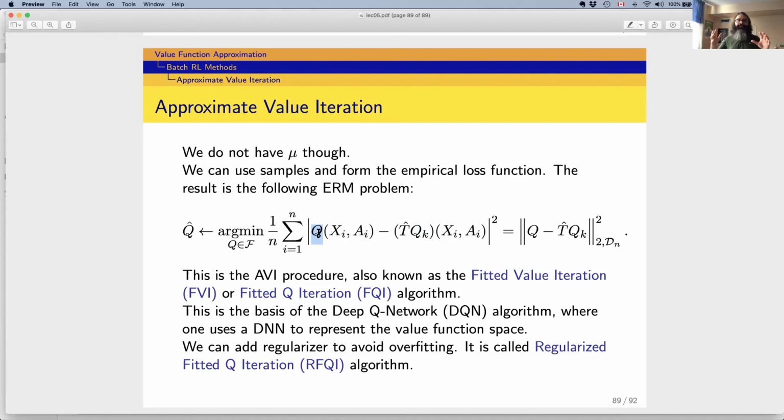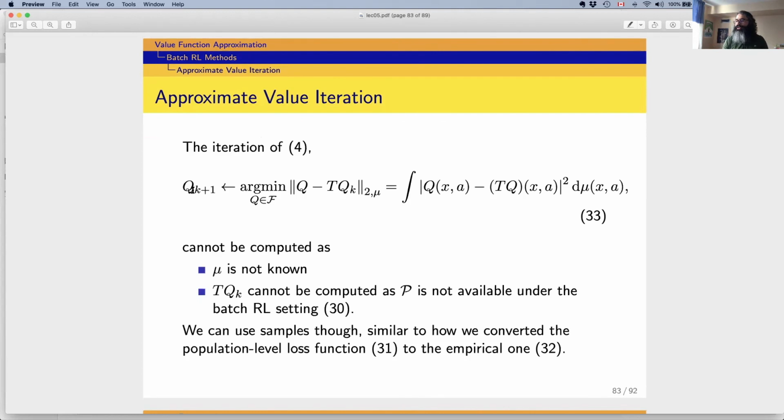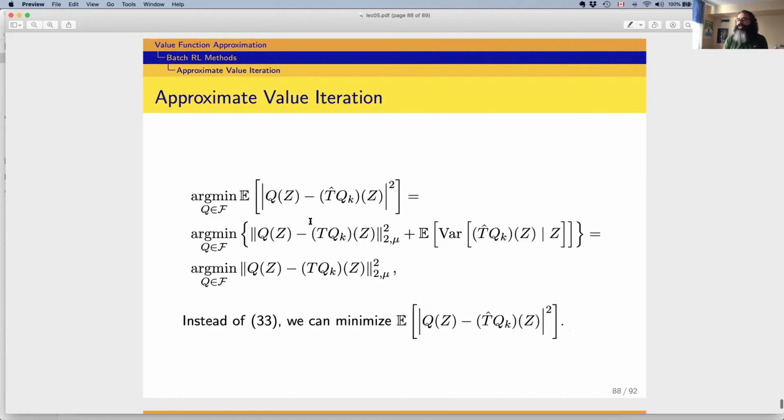In DQN, after certain updates, like 10,000 updates, we copy the current value network to the target network, and now we keep moving with the new value network, which essentially means that we are computing Q_{k+1} based on Q_k, and we are just doing it iteratively.